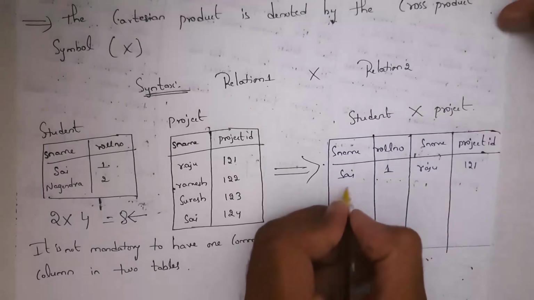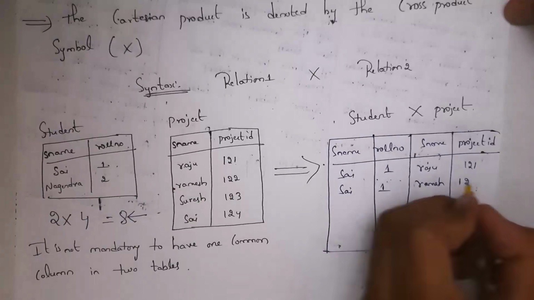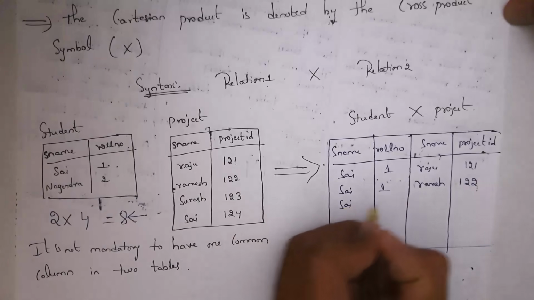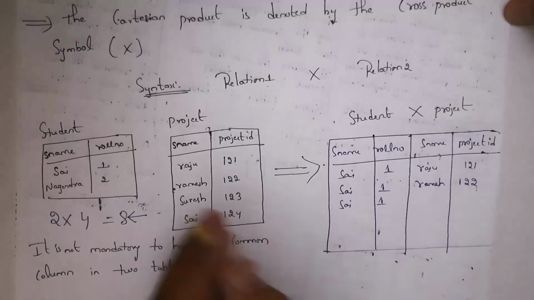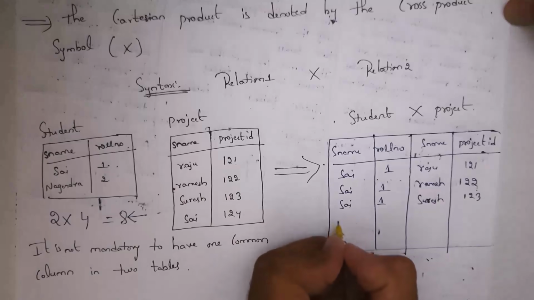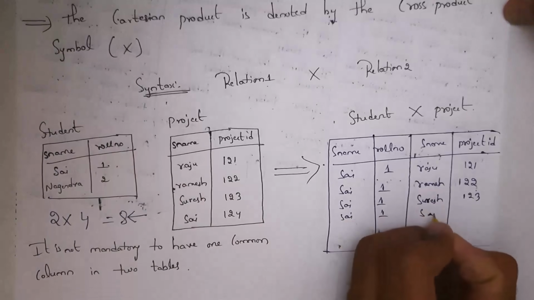Similarly again select first record, that is Sai 1 and combine this with second record Ramesh and 122. And similarly again select this first record Sai 1 and combine this with third record Suresh 123 and again select this Sai 1 and combine this with fourth record, that is Sai and 124.